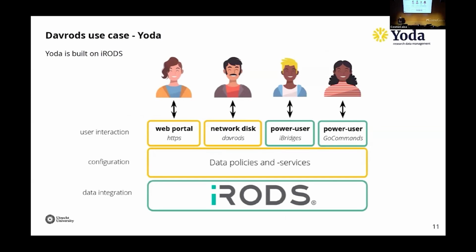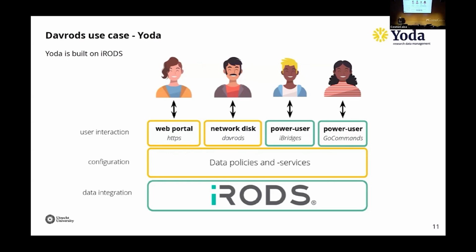And now Yoda. So Yoda uses Davrods, and a little bit about Yoda. Yoda is an integrated research data management platform that helps researchers to share, preserve, archive, and publish their data. It is built on Davrods, sitting at the data integration layer.